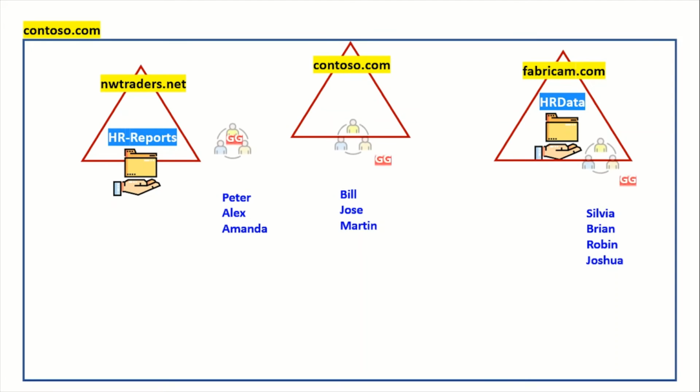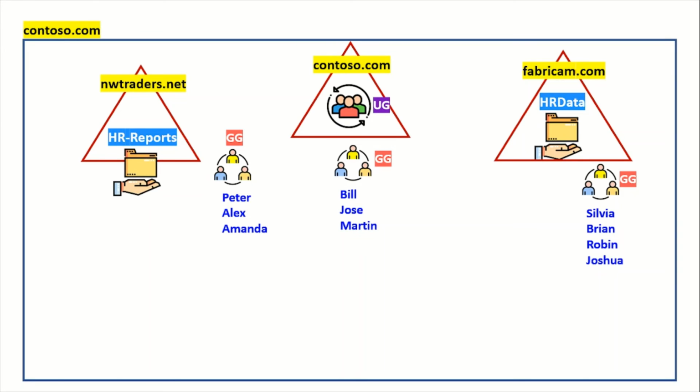So what we'll do is we will create global groups in every domain, and then we will add the respective users in their respective global groups. For example, we will add Peter, Alex and Amanda in the global group which we created in nwtraders.net. We will add Bill, Jose and Martin in the global group which we created in contoso.com, and same thing goes with fabricam.com.